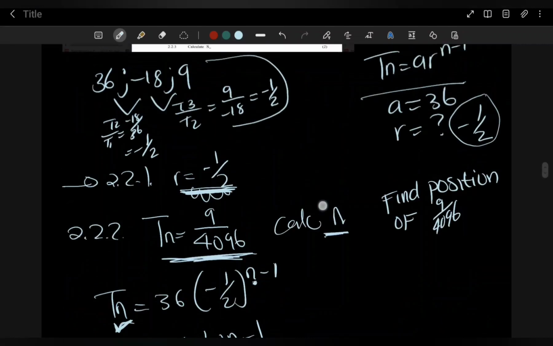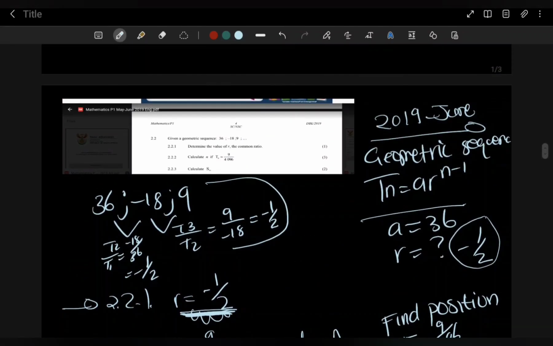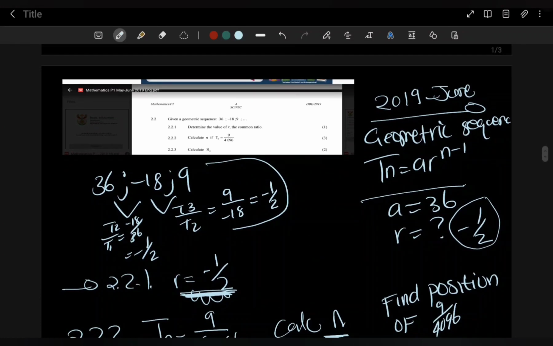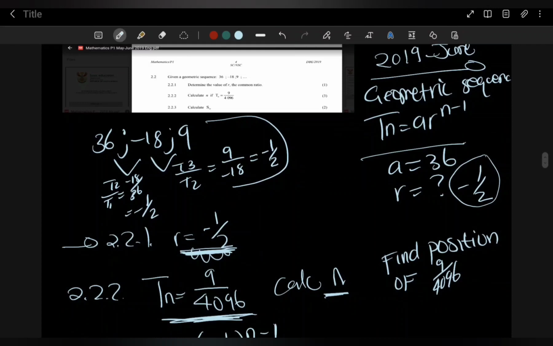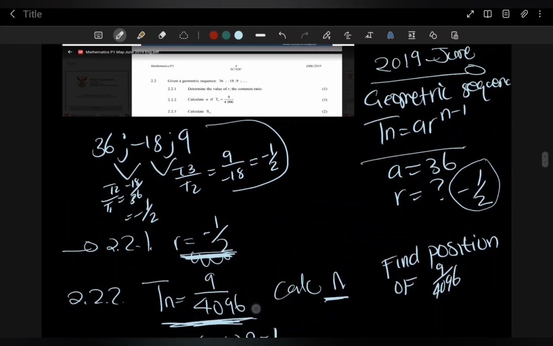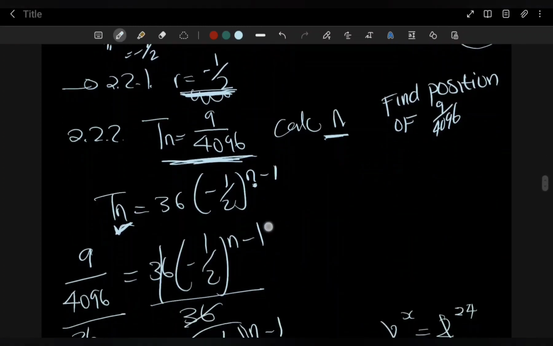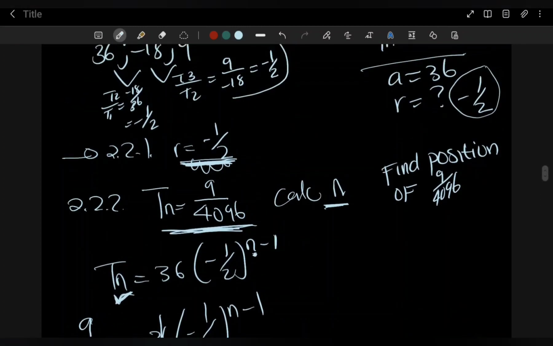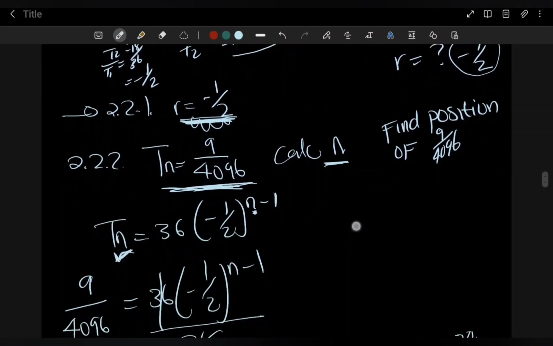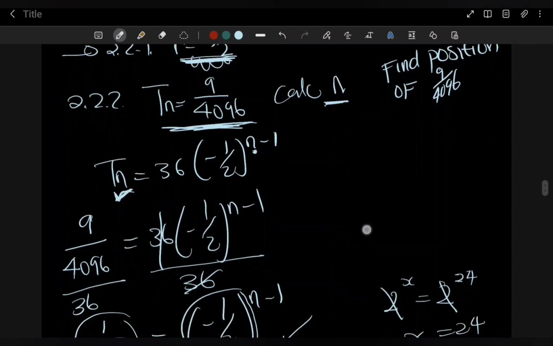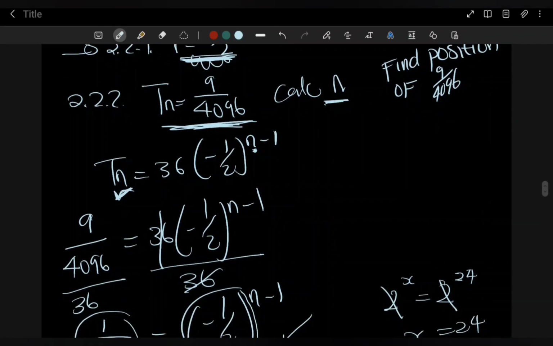Unless that value was a negative, which doesn't look like a negative to me. It's a negative. So we can see that these terms are alternating.